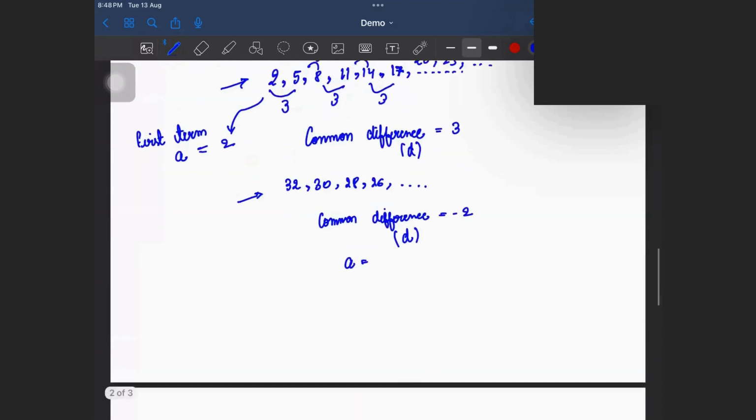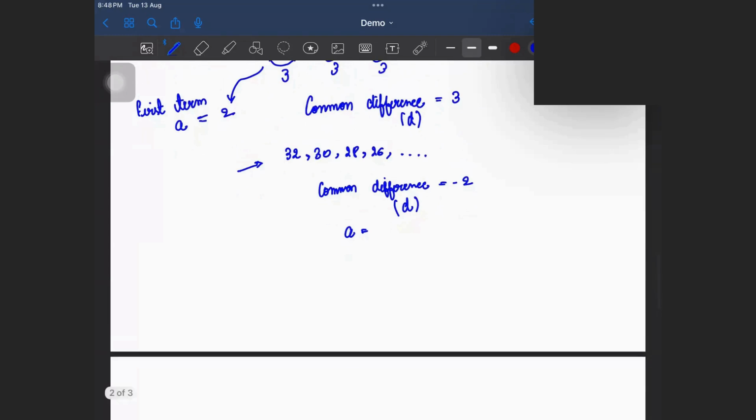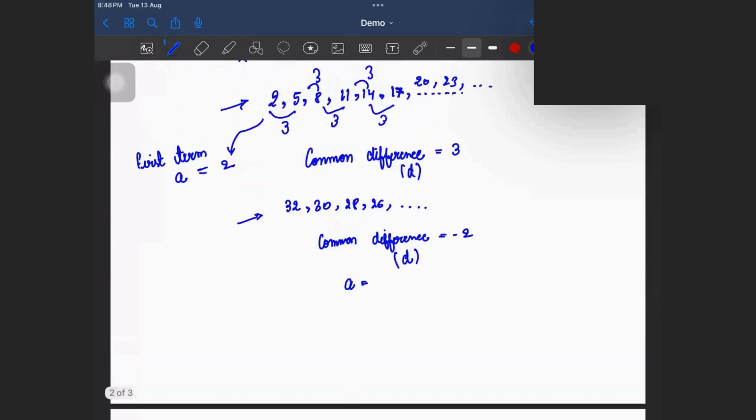You said 8, but what is the first term in the second sequence? I'm asking about the second sequence. This one is the first, this is the second. 32. Yes, 32.